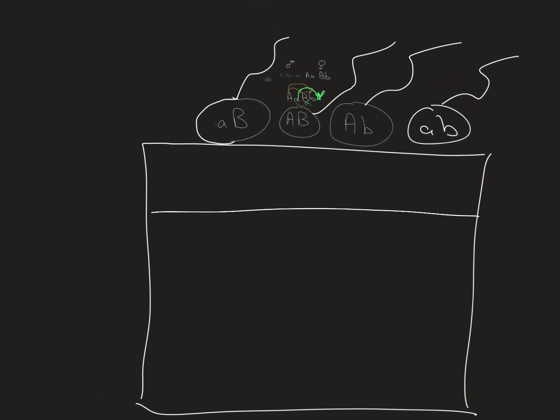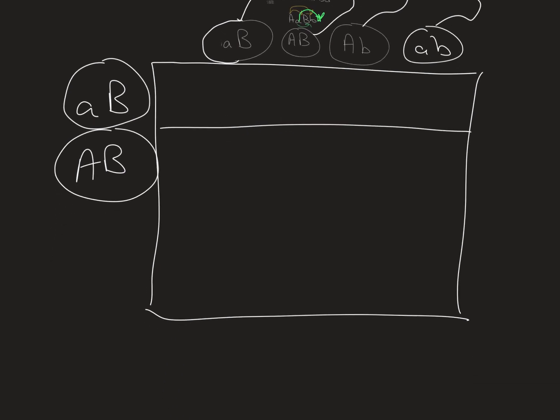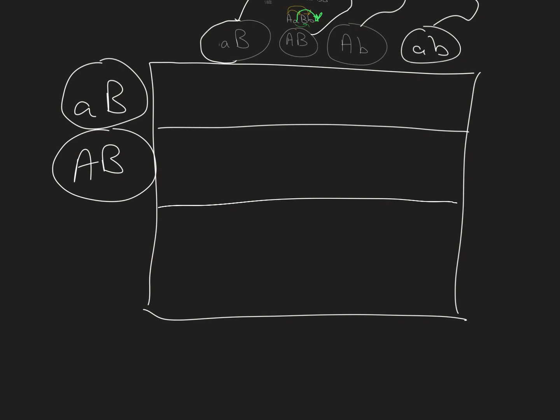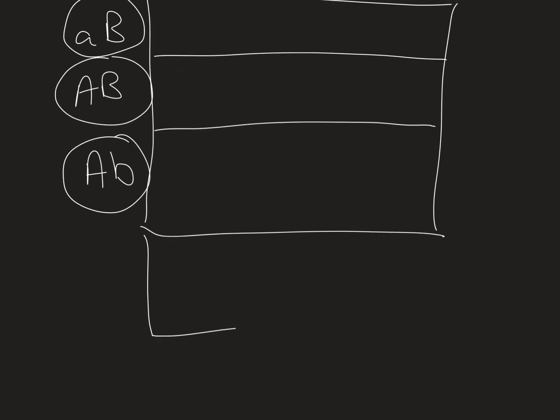It's a human, so it's possibly going to make a little a, big B. That's an egg. Big A, big B. That's a possible egg. Again, a possible egg. We don't know which of these possibilities is actually going to happen. The mother could give this child a big A, big B, or the mother can give a, little b.